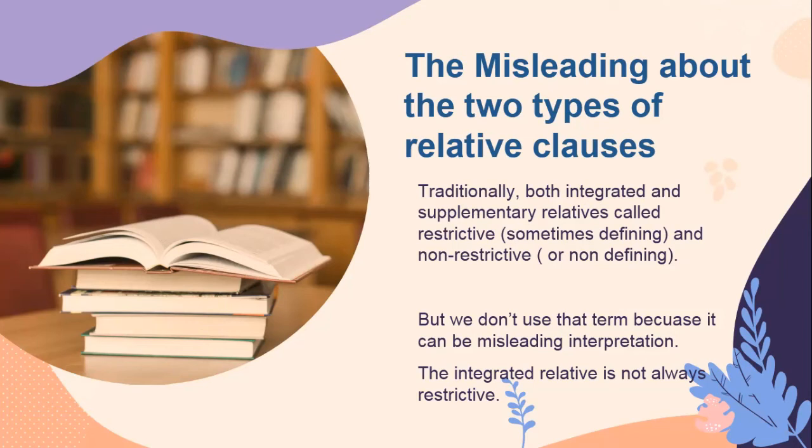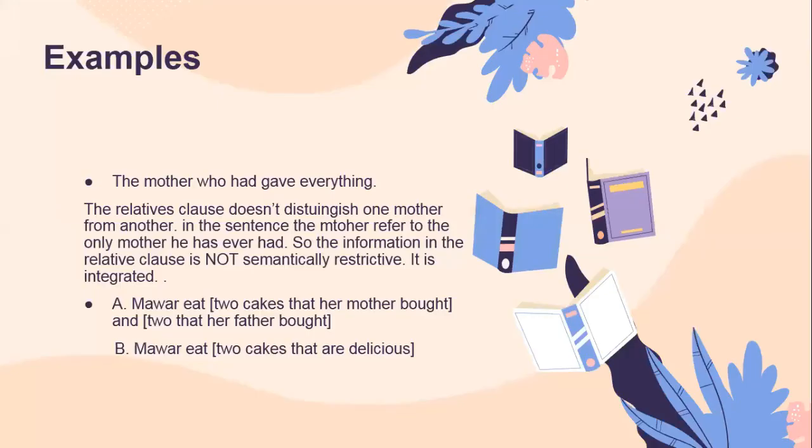What I mean by misleading is that the integrated relative is not always restrictive. Restrictive means limiting the meaning of something that comes before it. Let's take an example: the mother who had given everything. Here the relative clause doesn't distinguish one mother from another.